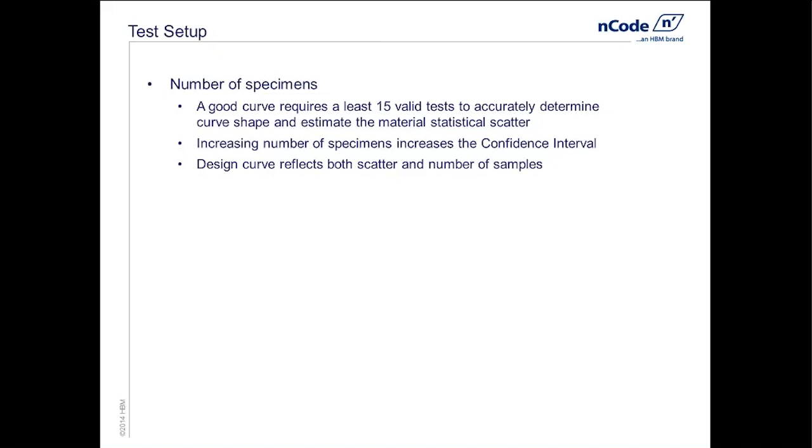As we increase the number of specimens, we increase the confidence level we have in the data that we are looking at. We're going to generate a baseline curve that describes the average behavior of the material, but in most cases, you also want to derive a design curve that talks about the entire population, a curve that we can design to.